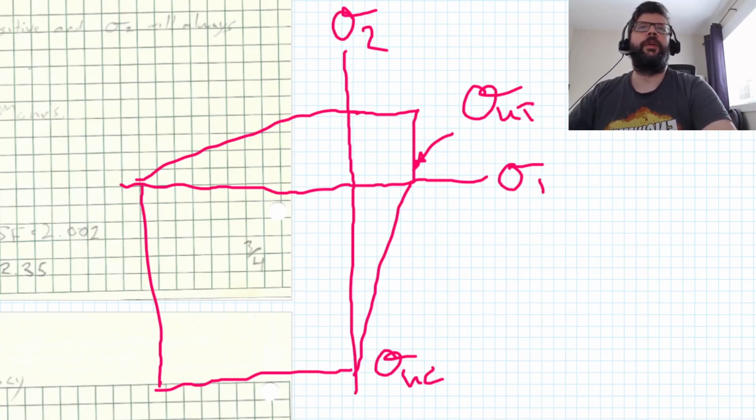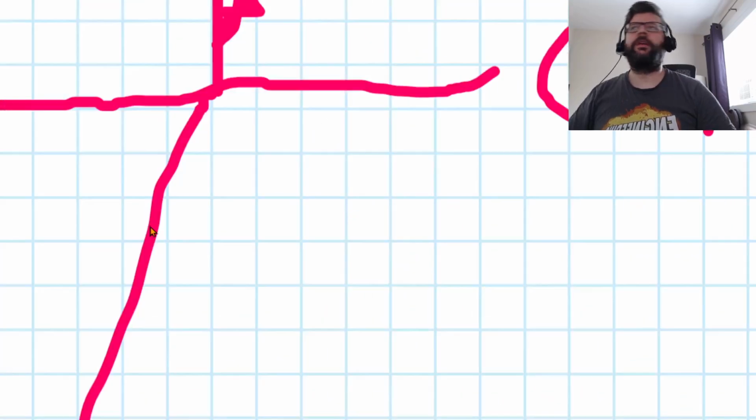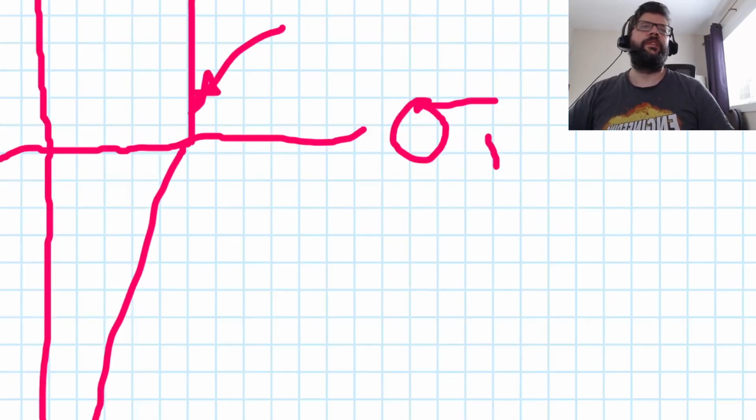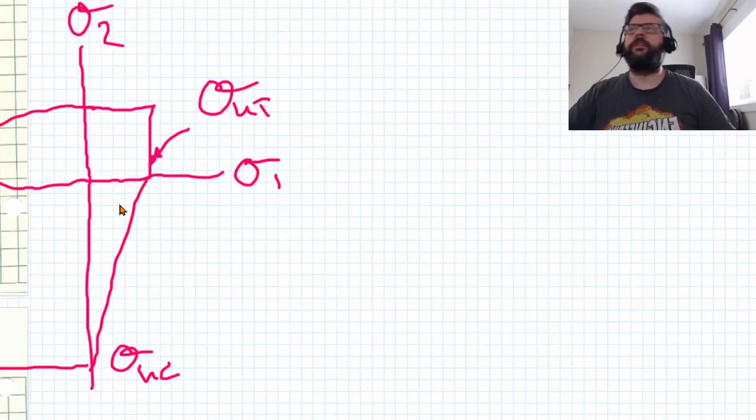So again, just keeping in mind that calculating the safety factor depends upon figuring out where our operating point is. For each particular d, we can figure out what the sigma 1 and sigma 2 is.